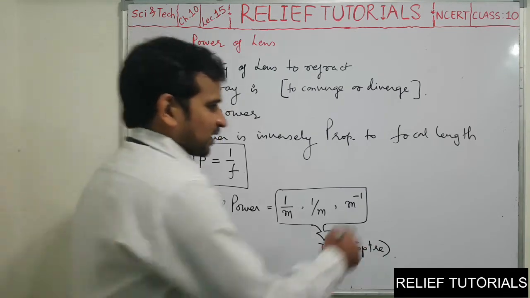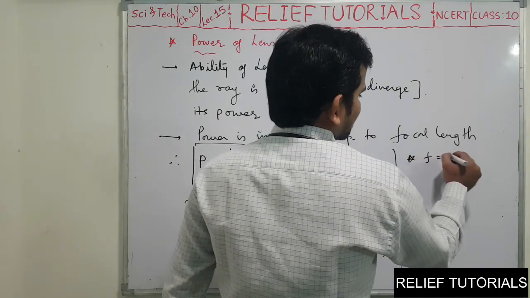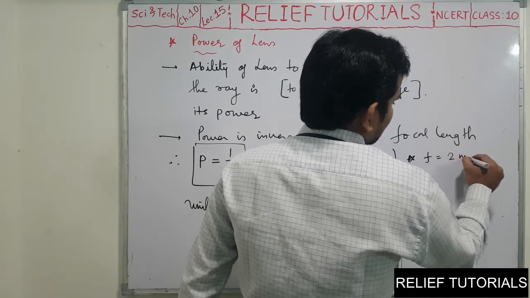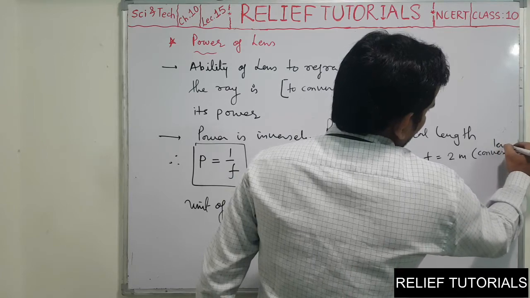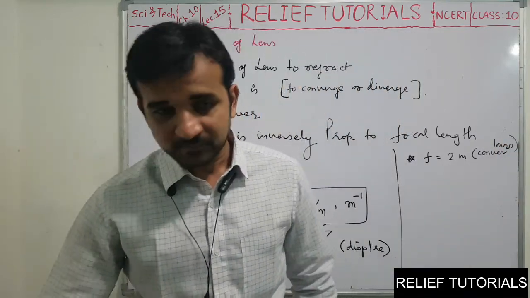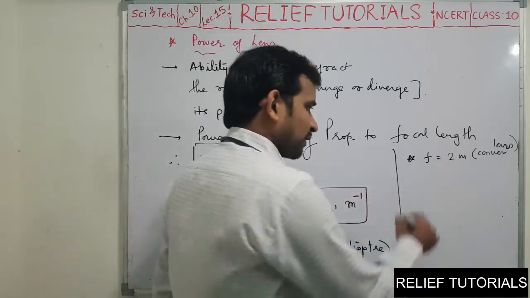Let us have some examples. If I say one of the lenses has a focal length of 2 meter and it is a convex lens. We know that a convex lens has positive focal length, so this 2 meter should be taken positive. Then what should be the power?